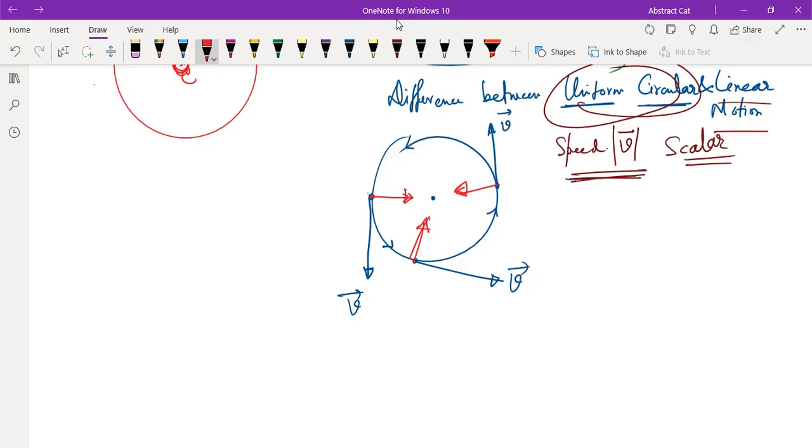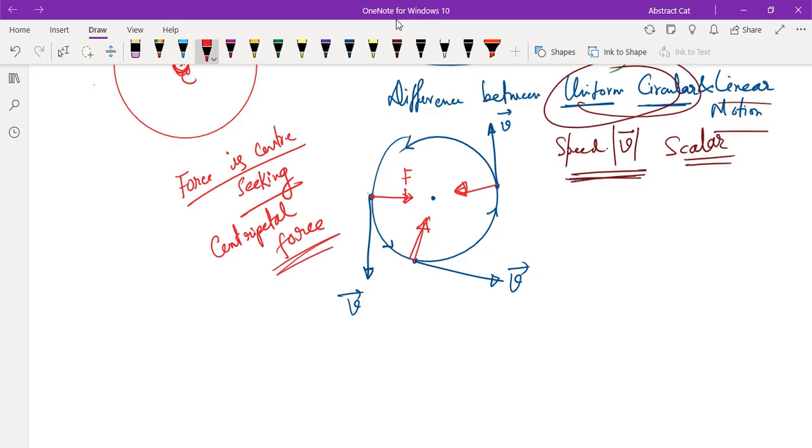If the body's path is a circle, that force is a center-seeking force, and the center-seeking force is called the centripetal force.